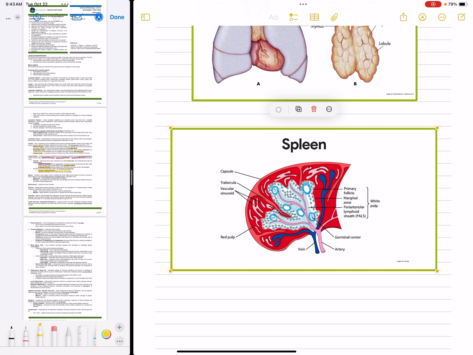It provides a site for lymphocyte proliferation and immune surveillance. But its most important function is to destroy worn-out red blood cells and return some of their breakdown products to the liver. Okay? So, tandaan ha, gina-destroy niya mga worn-out red blood cells and gina-return niya ang iban nga breakdown products into the liver.